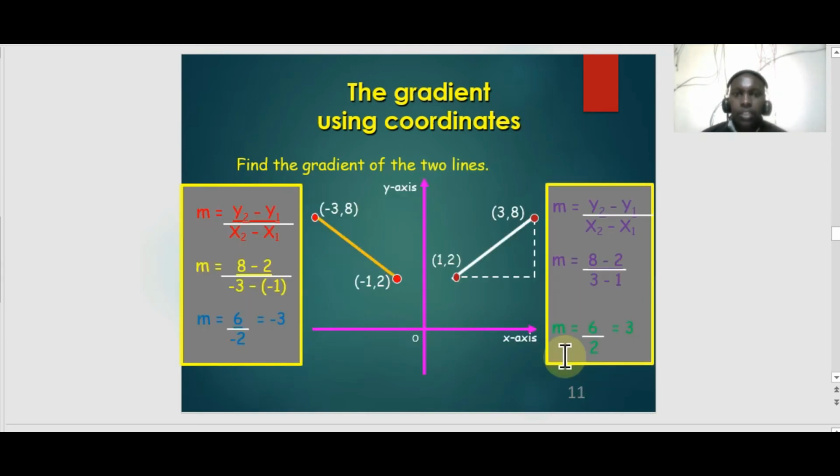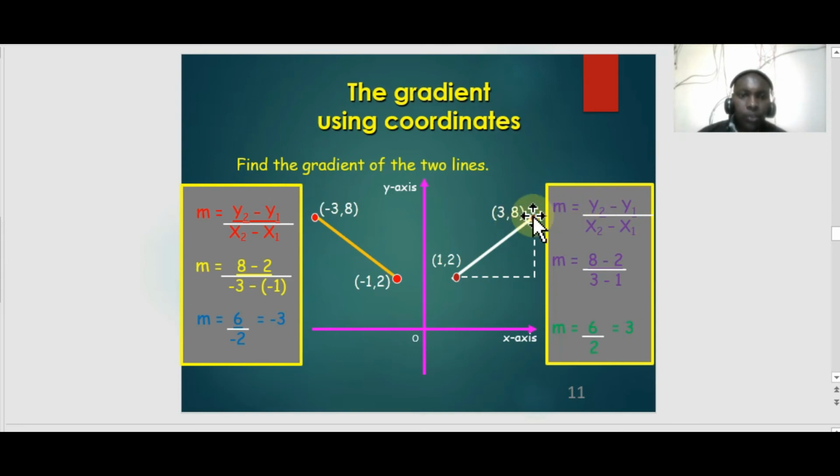So the gradient using the coordinates, again, find the gradient of the two lines. This one is just a repetition of what you've done. For emphasis, we can do this too for proper understanding. So let's get the gradient of this line that is here. We've said the gradient is given by the change in y over the change in x.